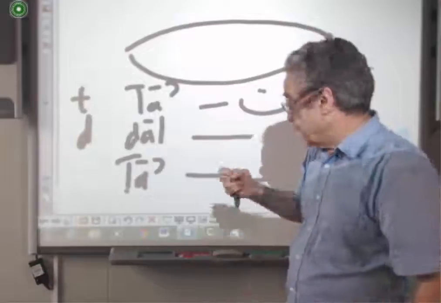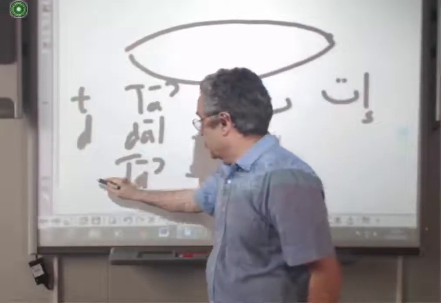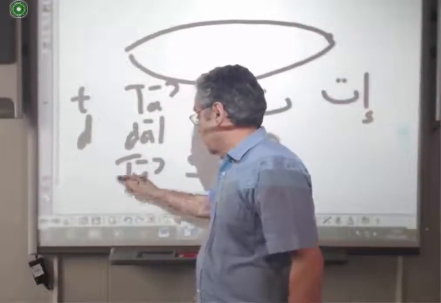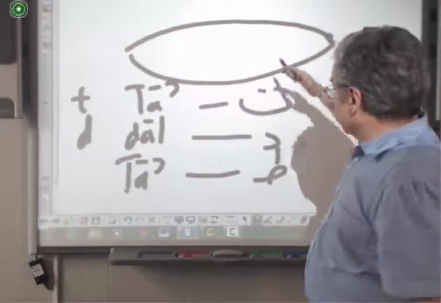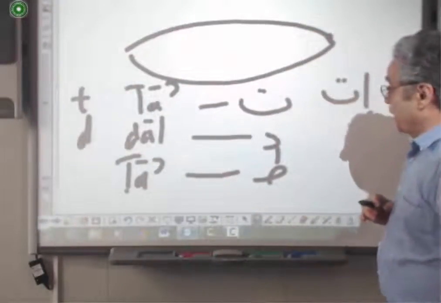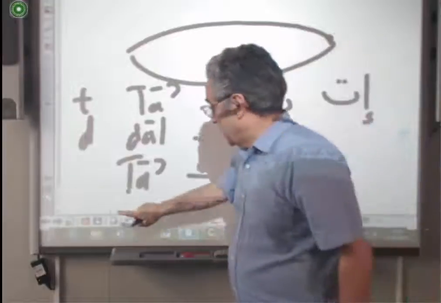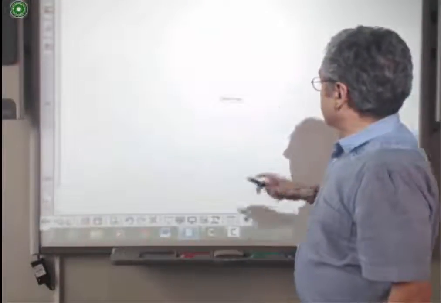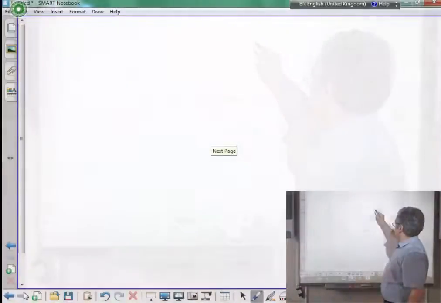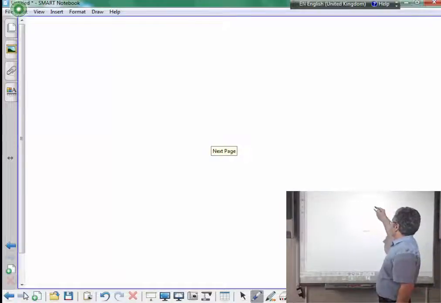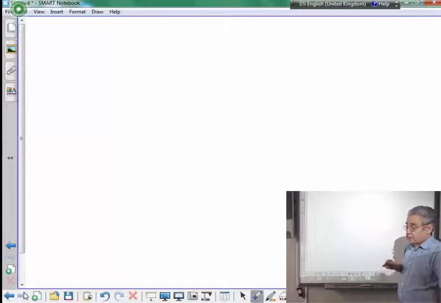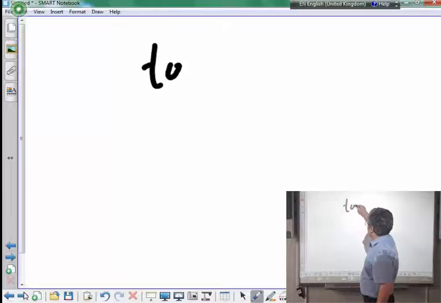This is a thick ta. In English, we don't have it. So these are three letters. And also we can look at another three letters. They are also part of the tongue letters.